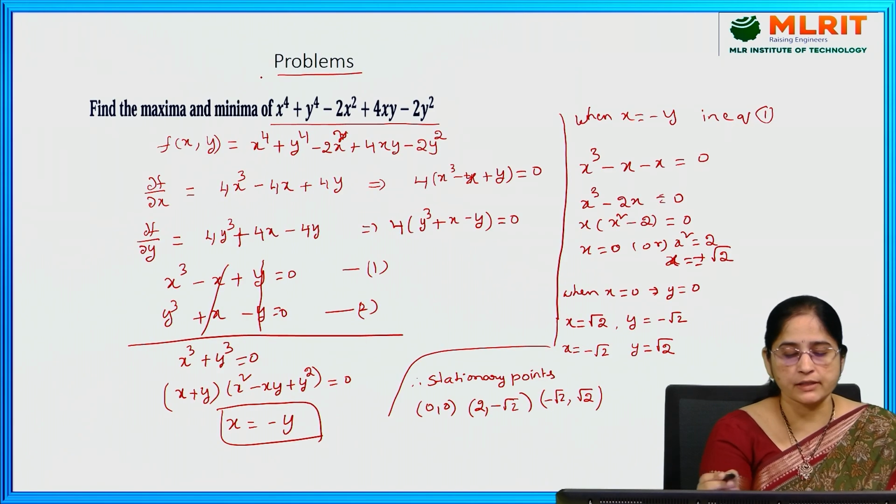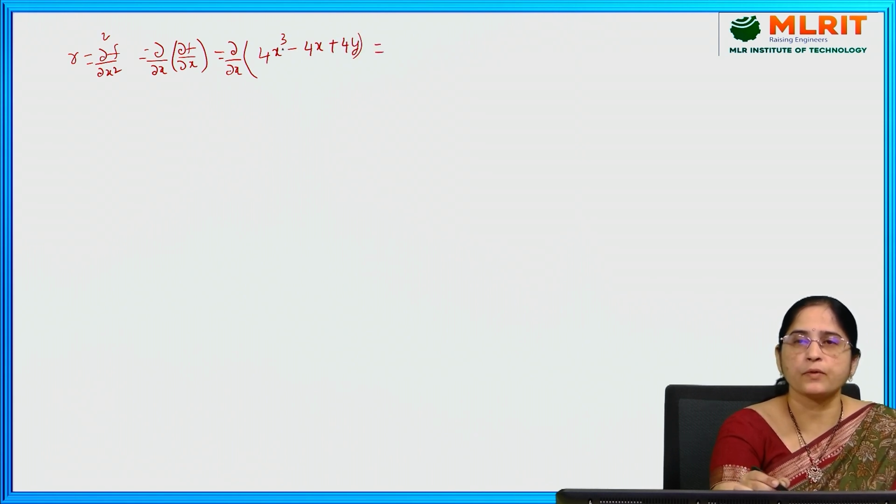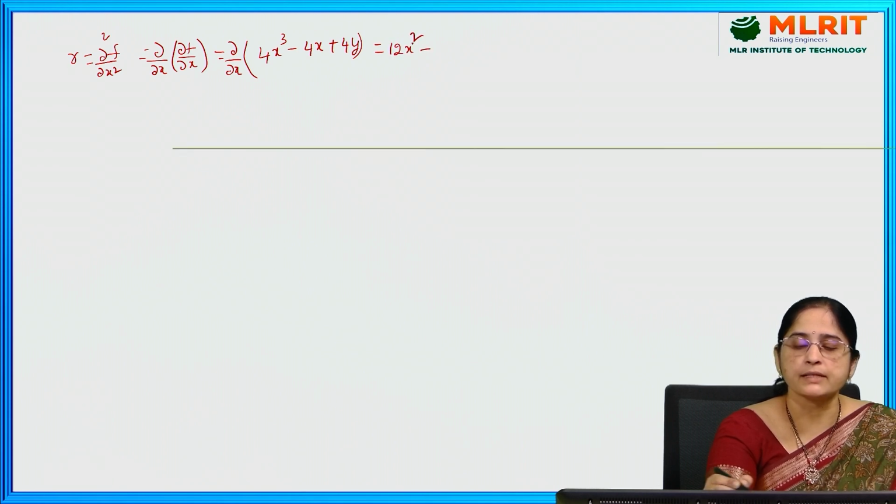Dou f by dou x value is 4x cube minus 4x plus 4y. So with respect to x, the derivative is 12x square minus 4.